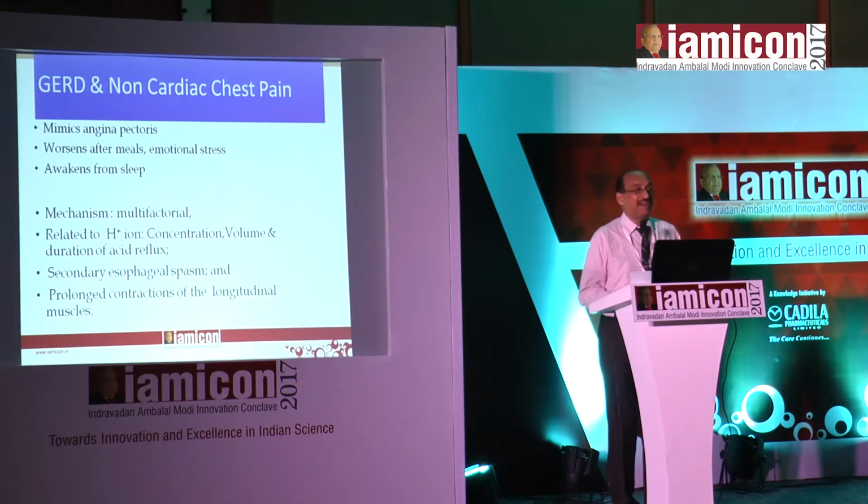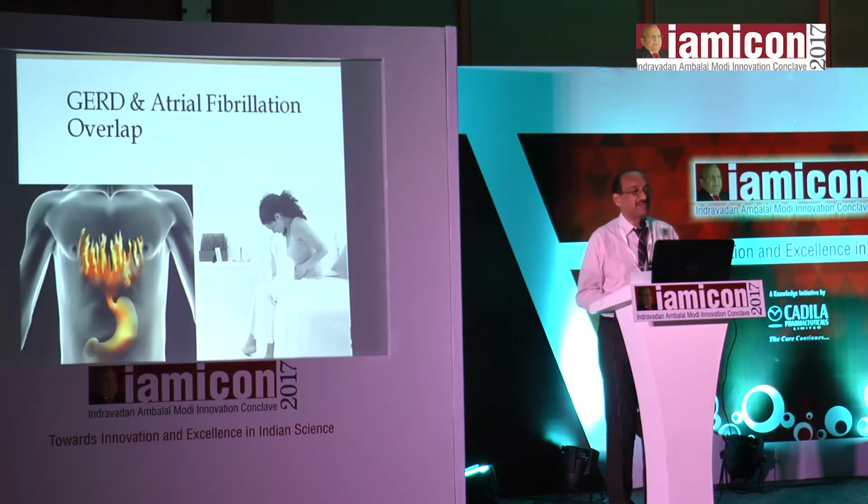And when the acid reflux happens, the esophagus can go into spasm. Even otherwise esophageal muscular spasms do happen. So it could also be secondary esophageal spasm or prolonged contractions of the longitudinal muscles of the esophagus. So basically the esophagus goes into spasm, producing a pain which is a non-cardiac chest pain.